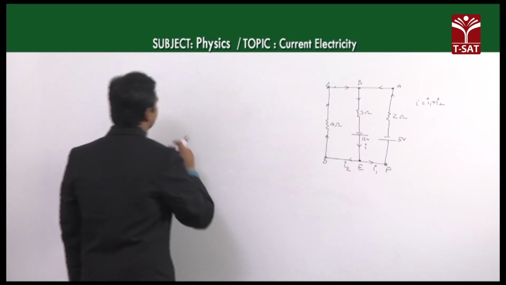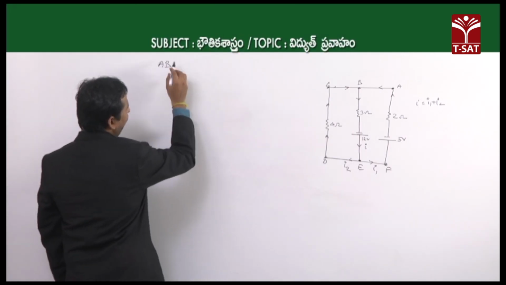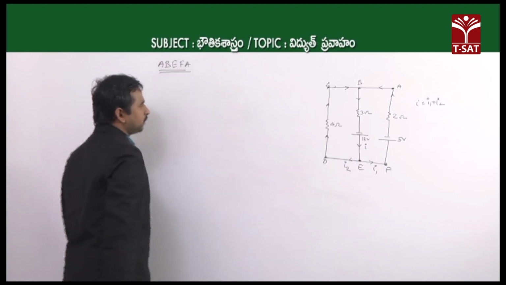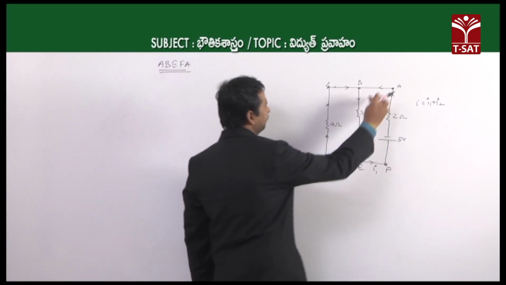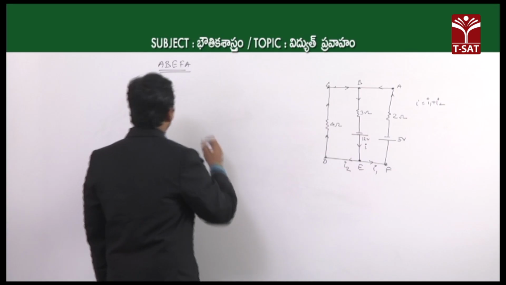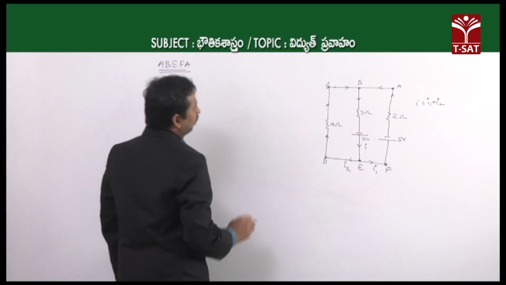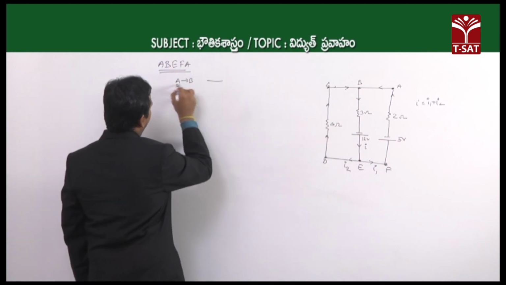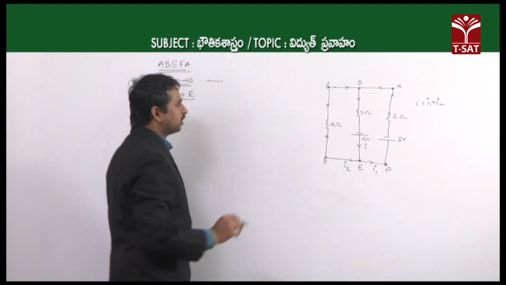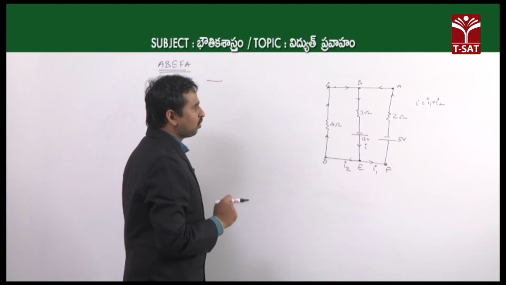And if you take the first loop, which is A, B, E, F, A. For this first closed loop, A to B, nothing is there, and coming from B to E, we have the electronic components: one resistance of 3 ohms and the 12 volts battery.